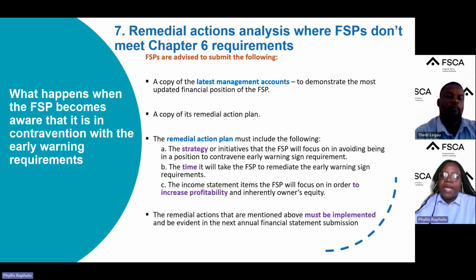So the remedial action plan must include the strategy or initiatives that the FSP will focus on in avoiding being in a position to contravene the early warning sign requirement.